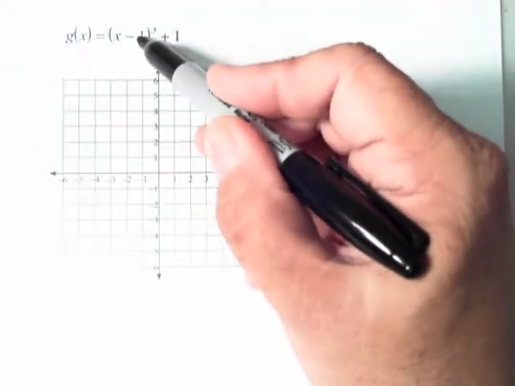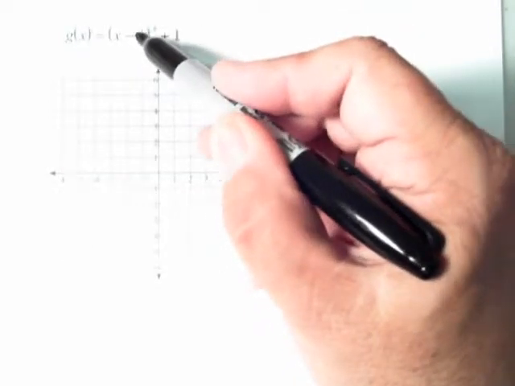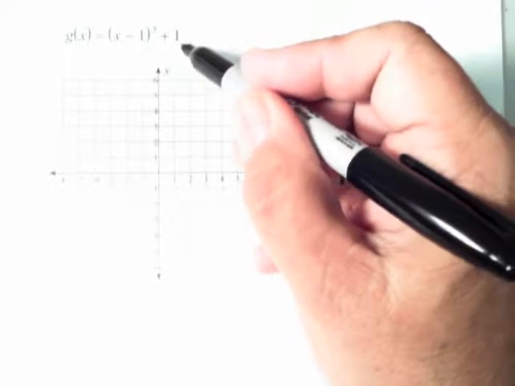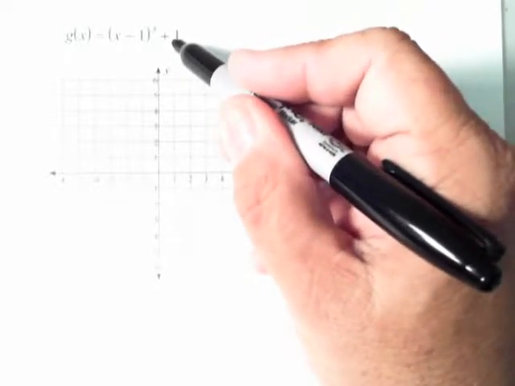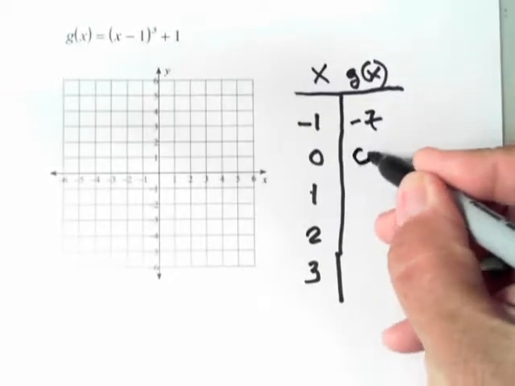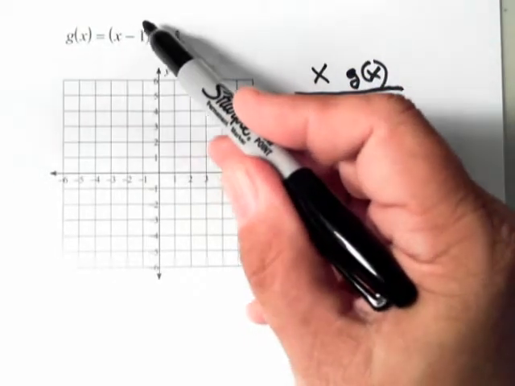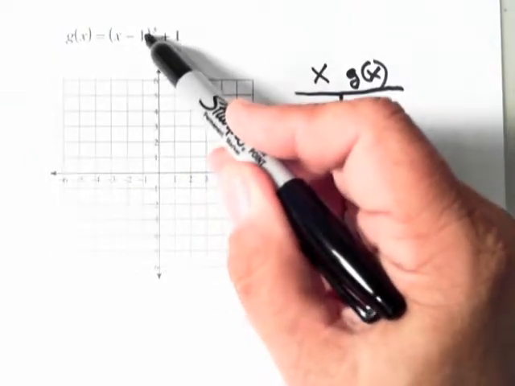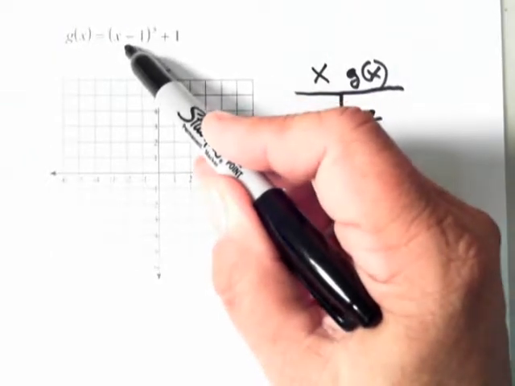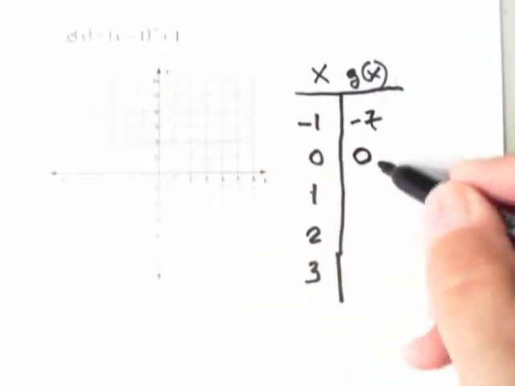I've got negative 1. Now I cube negative 1. It'll be 1, but negative 1 because we got 3 minuses. Negative 1 plus 1, well, that's going to be 0. Okay. 1. If x equals 1, 1 minus 1 is 0. So we cube 0, we get 0. So that's just going to be plus 1.